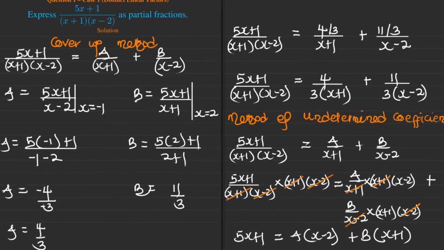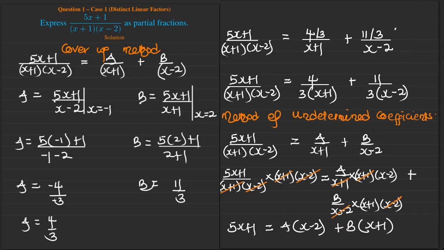So it comes back to this line over here, where we have our A and then our B. Then we go on to write it as what we have here. So this is the cover up rule, or cover up method, and then the method of undetermined coefficients. They are both very handy and very useful.